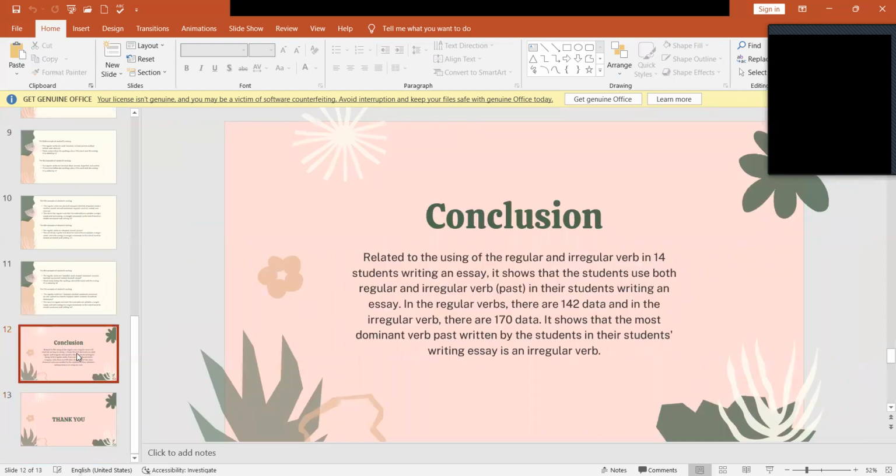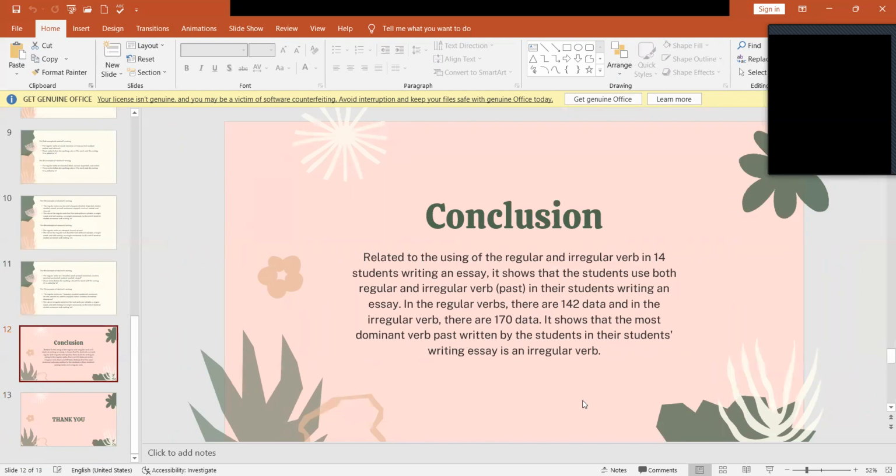Next is the conclusion. The conclusion related to the use of regular and irregular verbs in 15 students' essay writing shows that the students used both regular and irregular verbs in their essays.